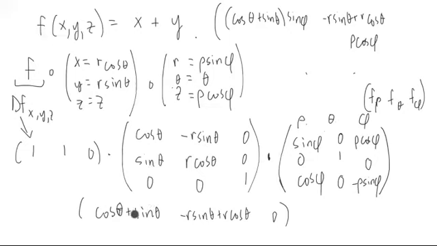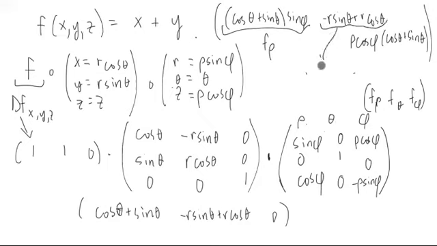And that's everything that's non-zero. Okay, so cosine theta plus sine theta. Okay, so as a matrix, this part right here is f rho. This part right here is f theta, and this part right here is f phi.